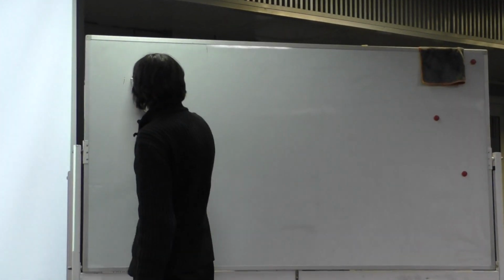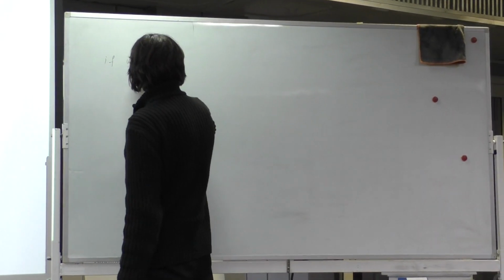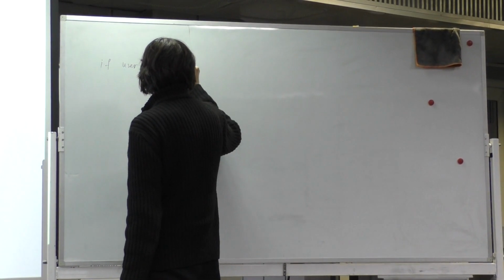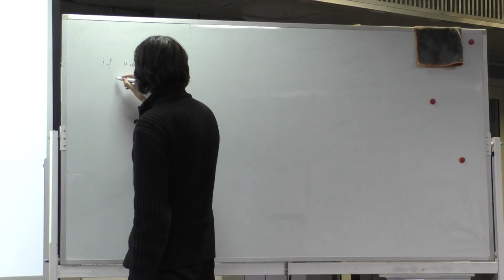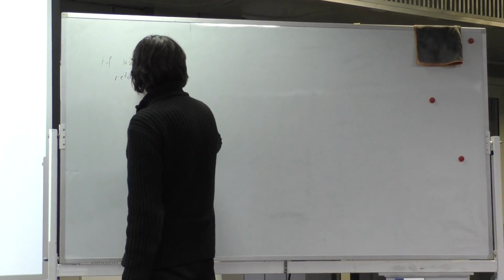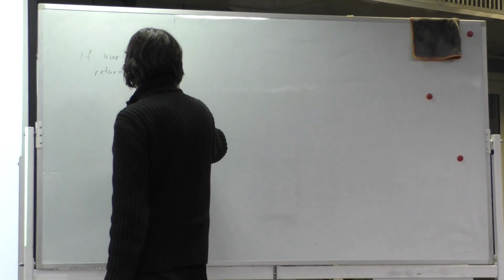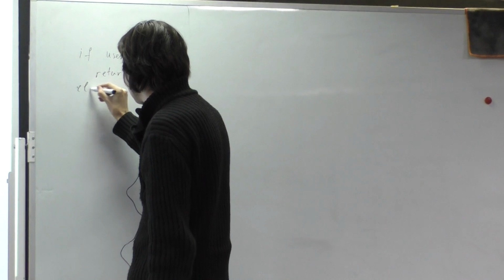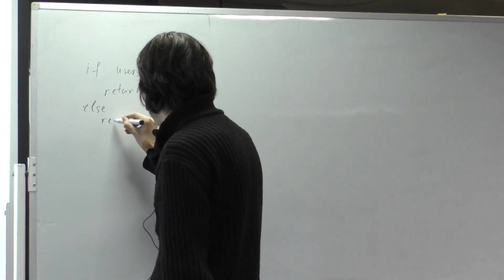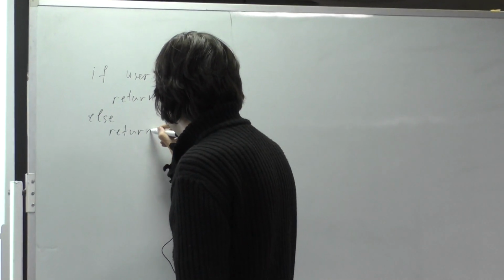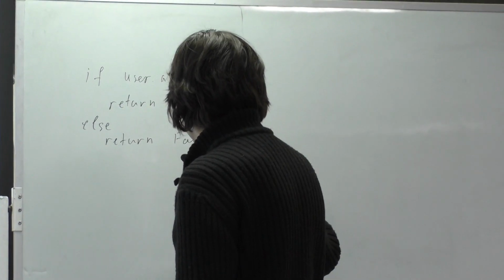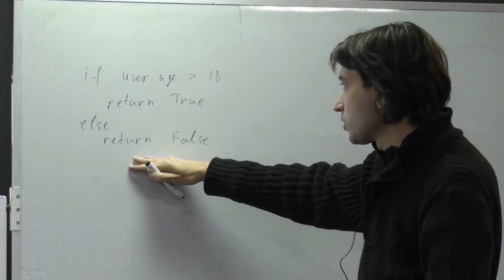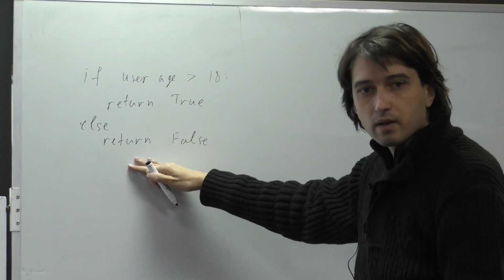If, let's say, user.age is greater than 18, you return true, so you can have a driver's license. Else, you say no. This is a pretty classical program that we can write and that will work.